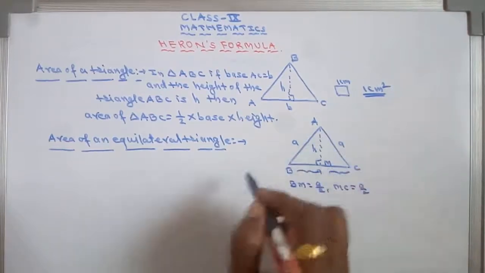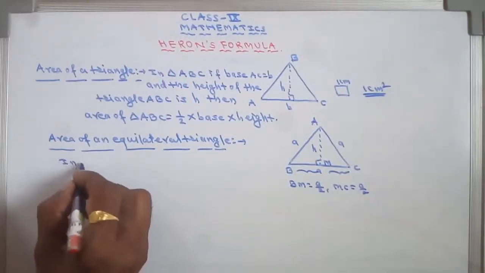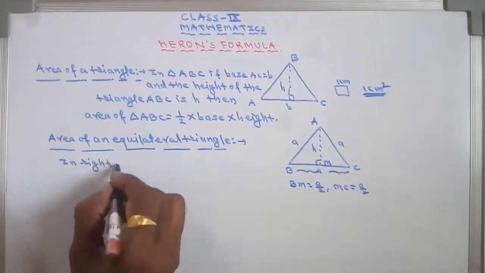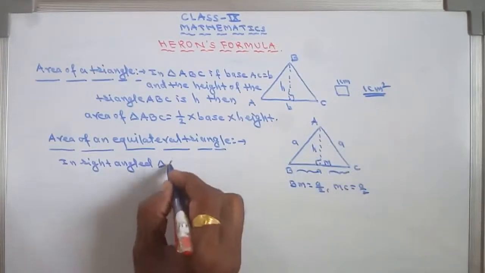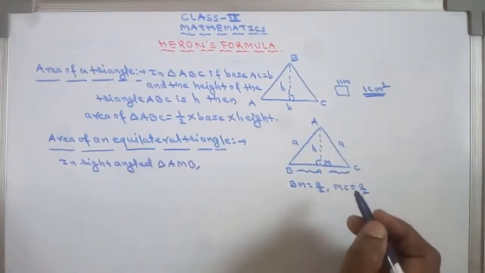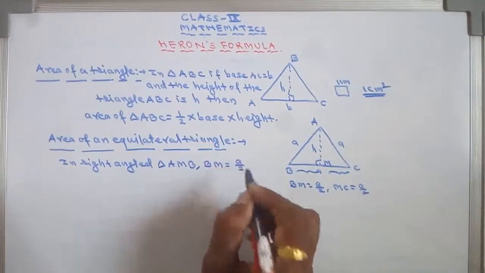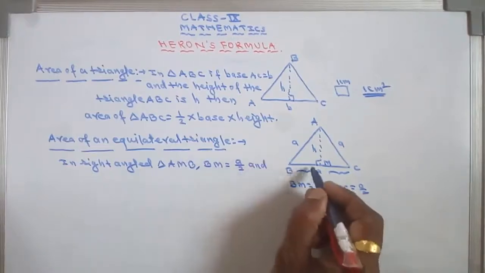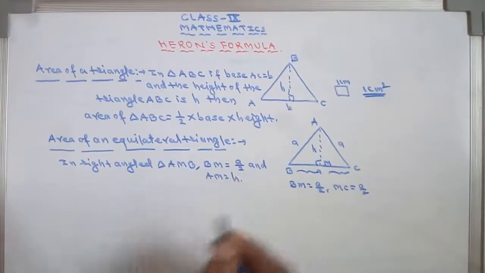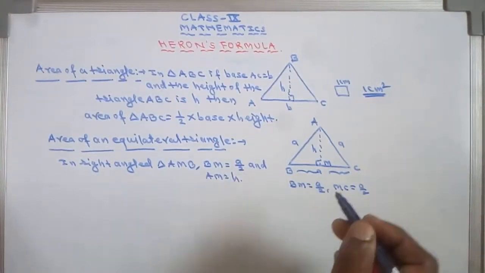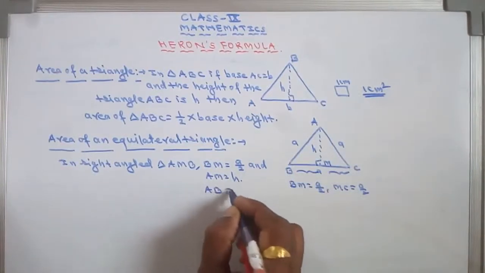Now you got a right angle triangle here. In the right angled triangle AMB, BM equals a by 2, and AM equals h. And here AB equals a.